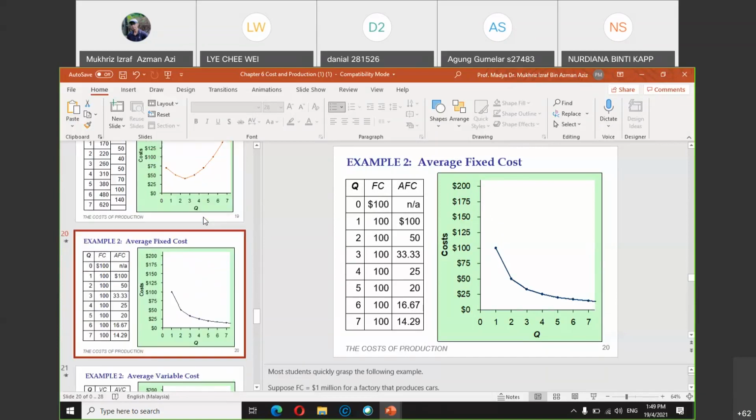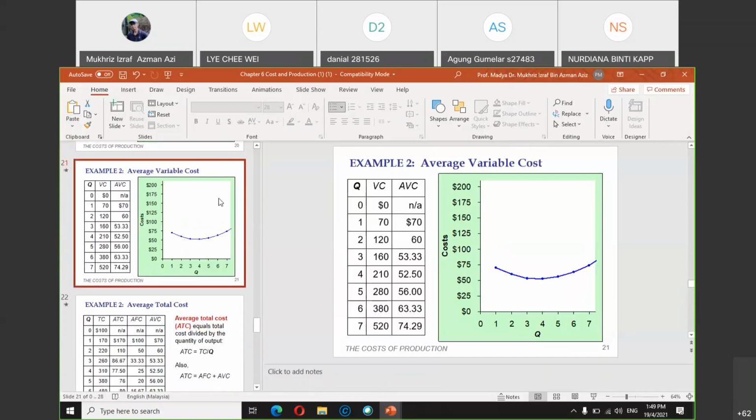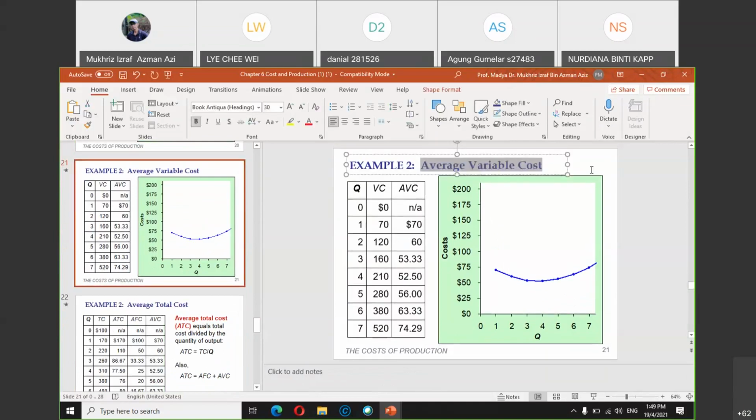But for average variable cost, divided by quantity, you can see that the shape is almost like a U shape. U shape means it starts to decline, and then it reaches a minimum point, then it goes up again. This is also a very common or logical explanation, because with variable cost, usually when you hire the first few labor, average cost starts to decline.